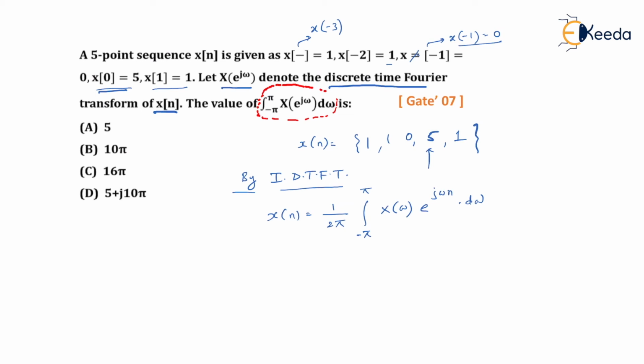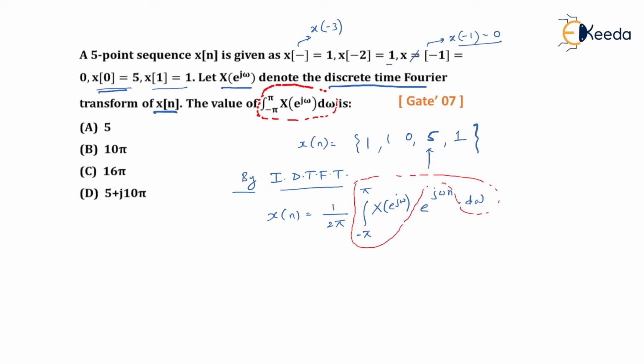This was the formula for the inverse discrete time Fourier transform. If you see carefully, this is not X of omega, by the way, this is X of e to the power j omega. So we need to replace this with X of e to the power j omega. Now let me highlight. This is what is there in the question.